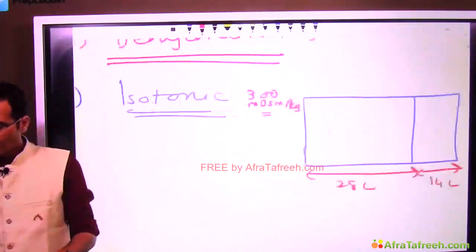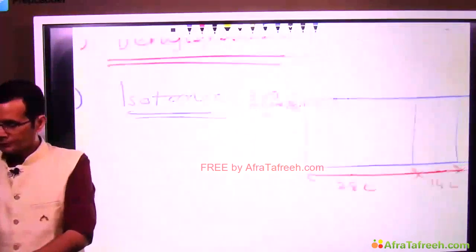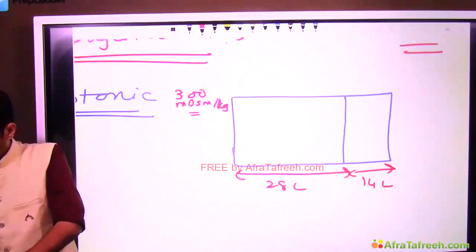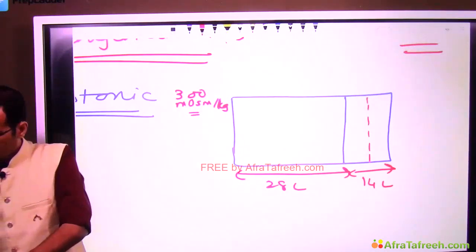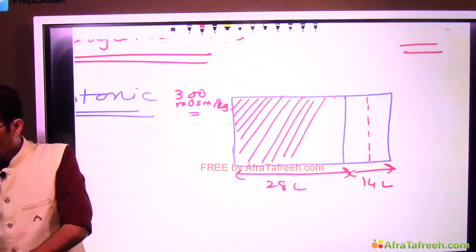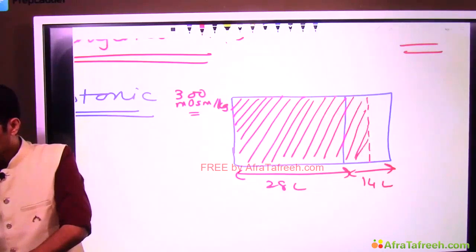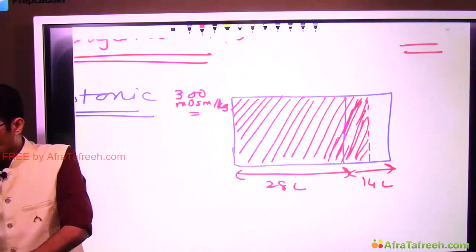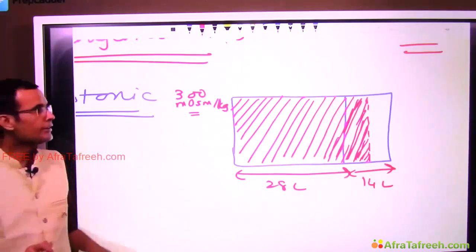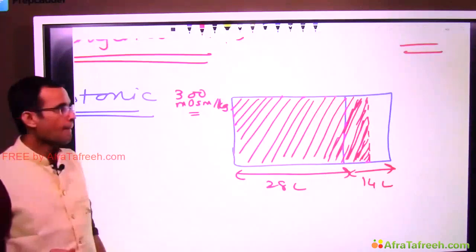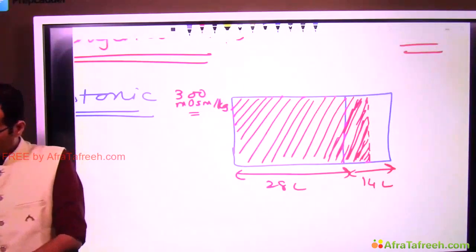Now isotonic dehydration, first condition. How will it look? It will appear like this. Shaded area tells you the story of that condition. Remember, this is the isotonic dehydration. What is this diagram telling you?